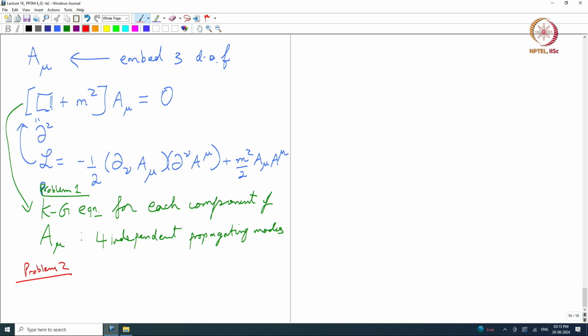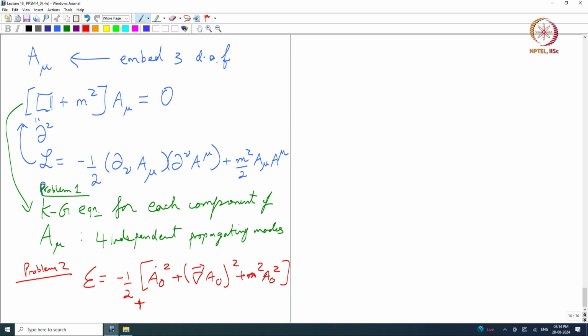which is that the energy density, if you once again do the math, do the algebra, comes out to be this. You can already see a problem with this, right?